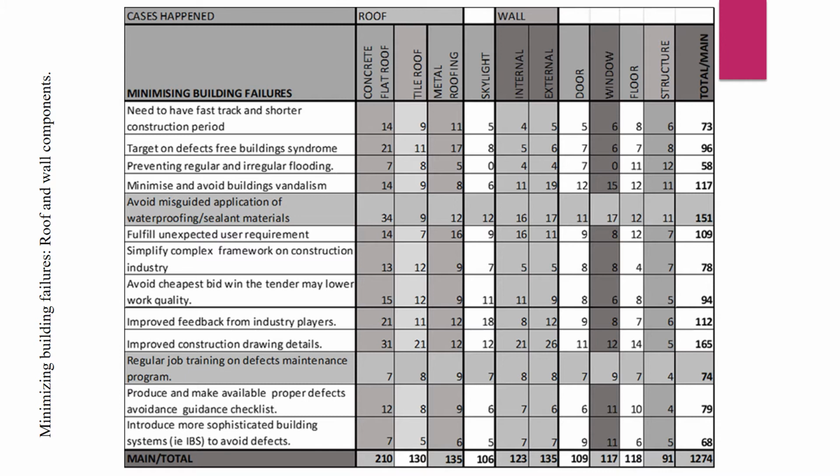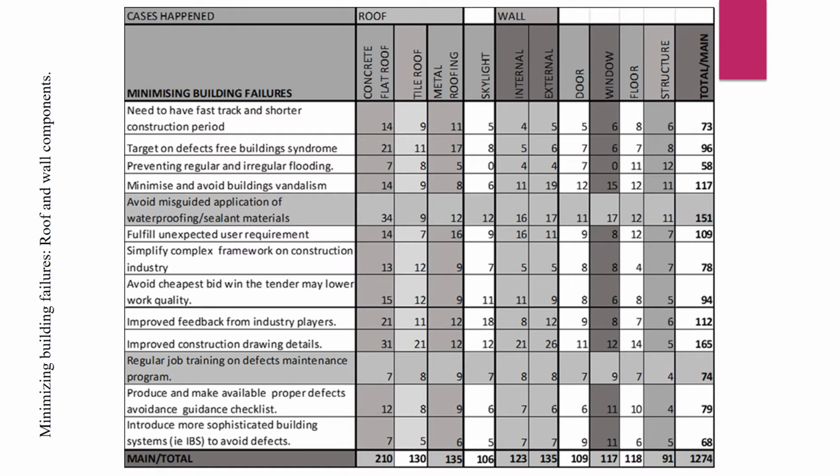It is about how to minimize these building defects and building failures. So we have the 13 categories. For example, maybe I choose the highest one, which is 151.